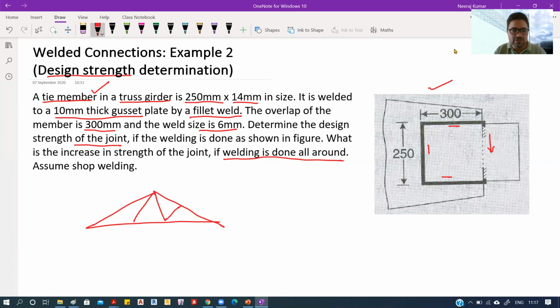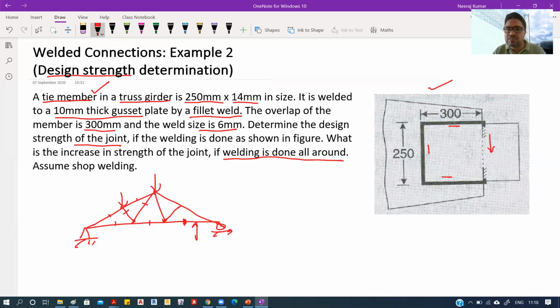Say, for example, if there are forces acting on this truss, then these members, all these members, may be either in tension or in compression. If the member is in tension, say for example this member, then I will call this member a tie member.